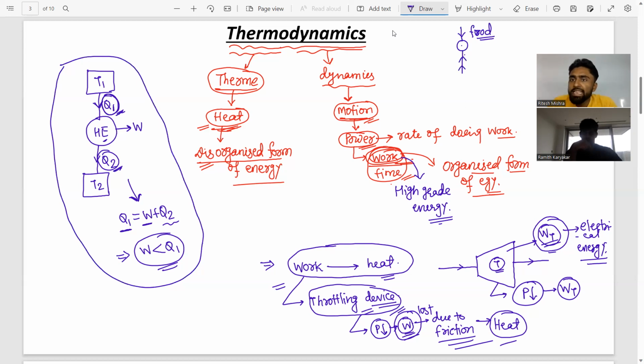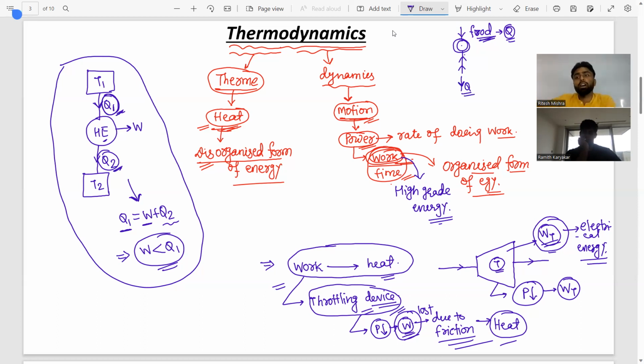Food is a form of heat energy, and you will call it chemical energy. So we take the food, and from the food we get the heat energy. And as we know, some heat energy is wasted.